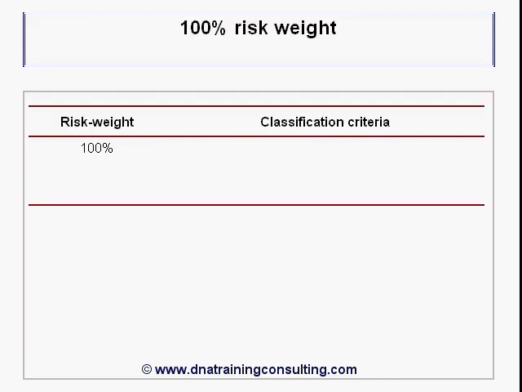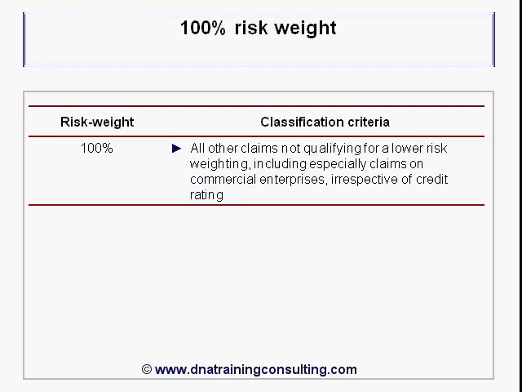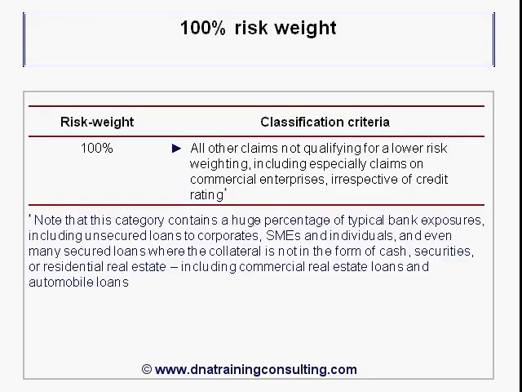And lastly, in the 100% risk weight category, we have all other claims not qualifying for a lower risk weight, including especially claims on commercial enterprises, irrespective of their credit rating.